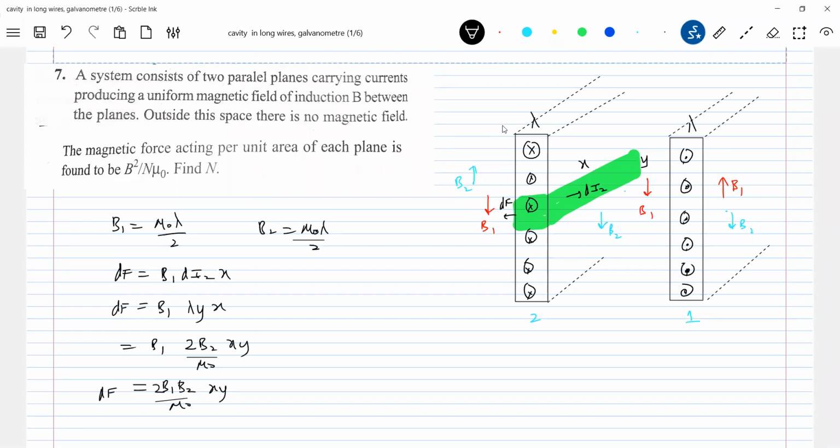The value is given as B square, the value is B1 equal to B2, no? So this should be later, I'll write it in the end, we'll get confused. Plates are identical. So the force per unit width, how much can we write it now? So dF by xy should be equal to 2B square by mu naught.